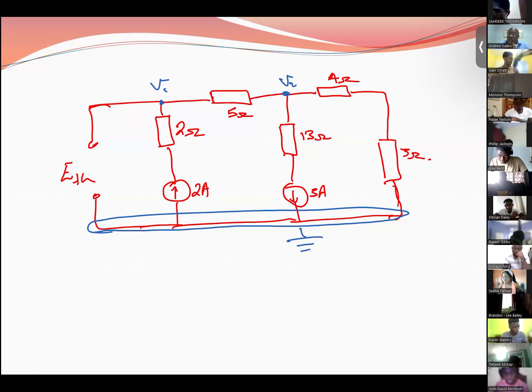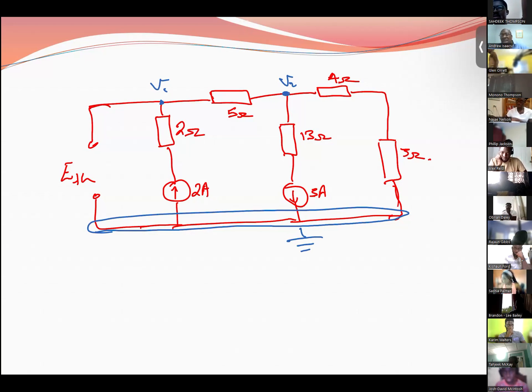Just for the record, students. If I give you a question and you say that you're using nodal, or if I direct you to use nodal, and you do not identify the nodes, irrespective of how perfect the equation that you form may look, if the nodes are not clearly identified on the circuit, then you will not get a mark for anything.